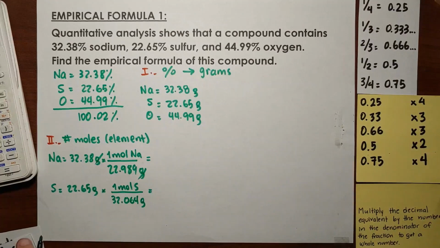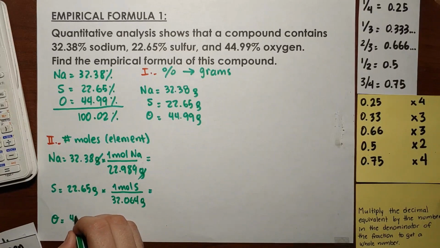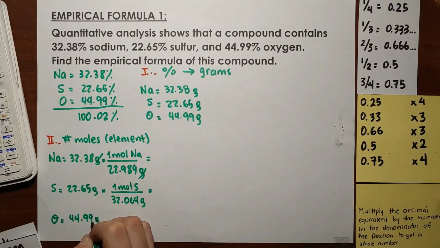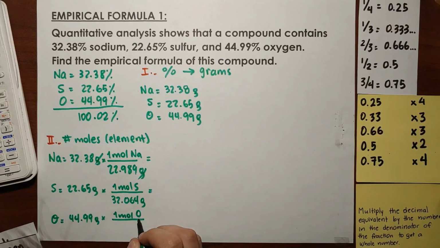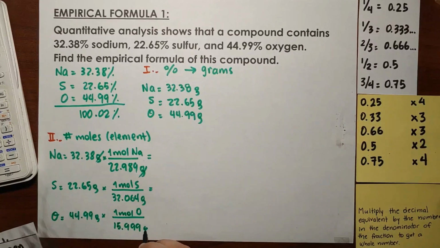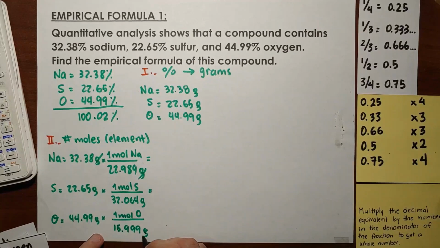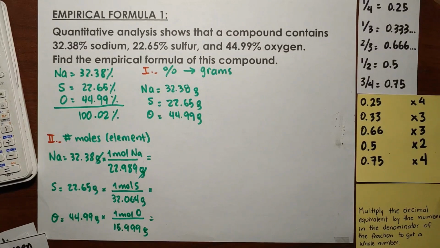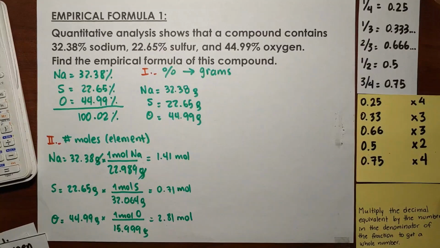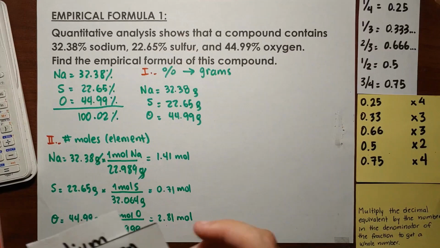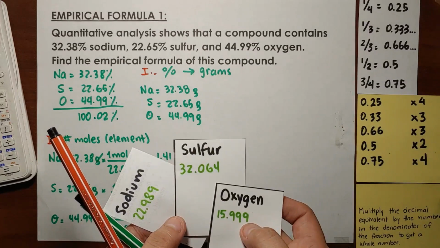And for oxygen I have 44.99 grams times, in 1 mole of oxygen, 15.999 grams. So perform this in your calculator. This is what I got. Okay, these are the moles.